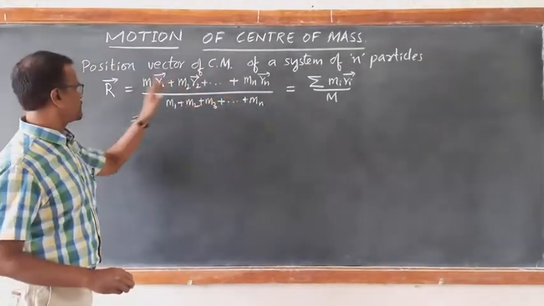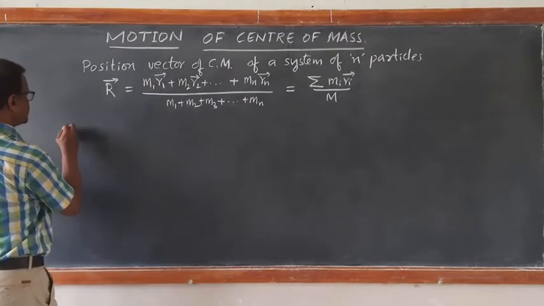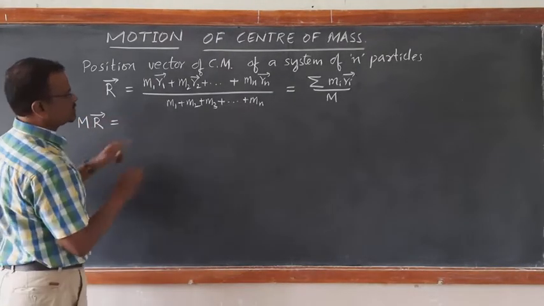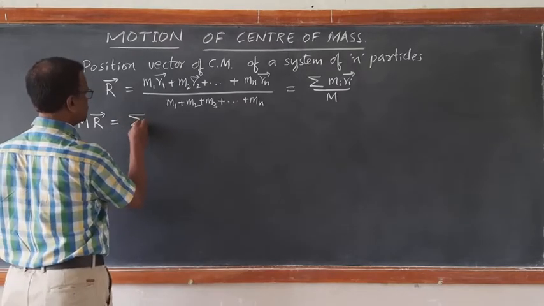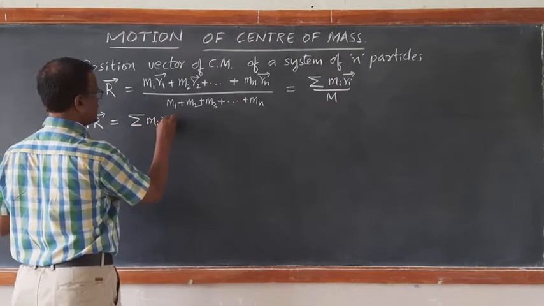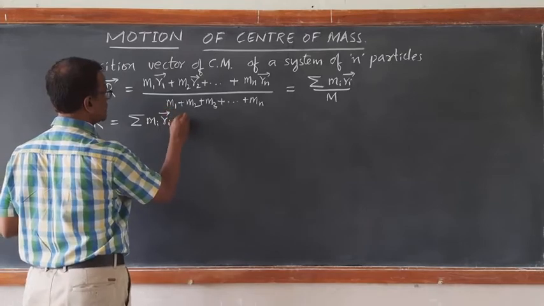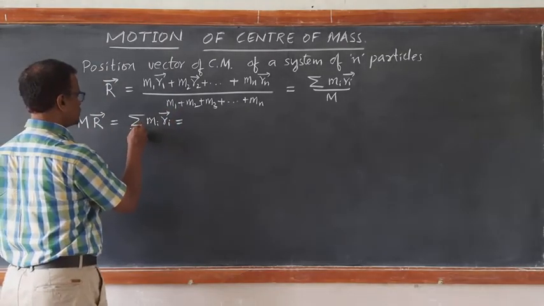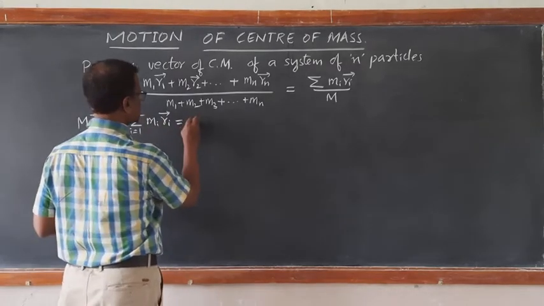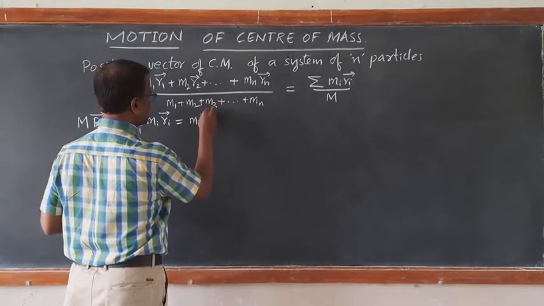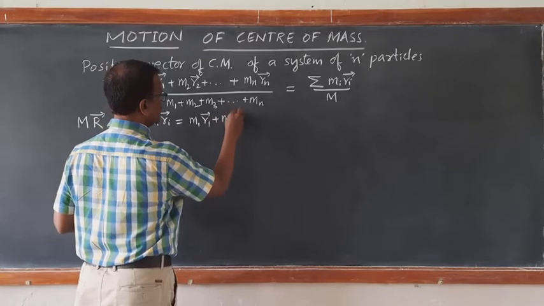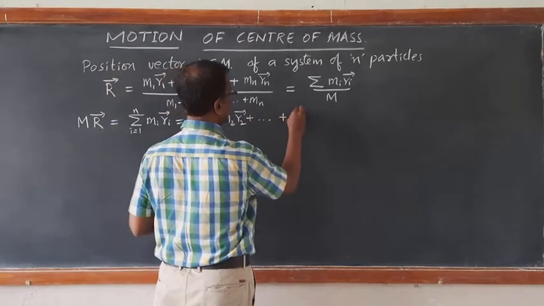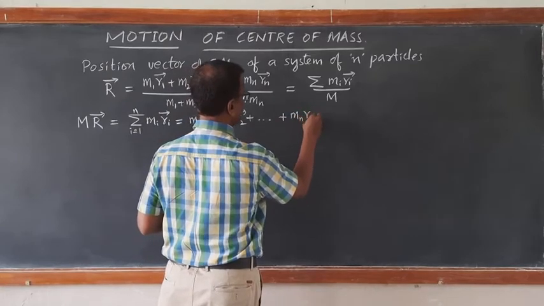Now if you take this M to the left hand side, we get M R vector equal to summation of mi ri vector, that is i equal to 1 up to n. It implies m1 r1 vector plus m2 r2 vector plus and so on up to mn rn.